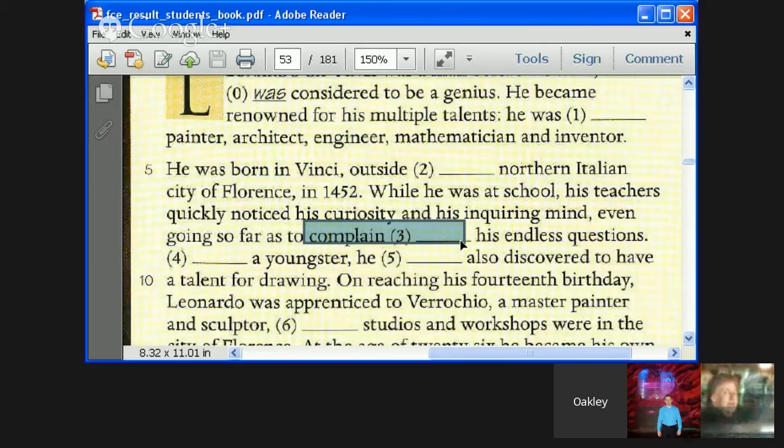Try to form some other sentences with complain with. I need to complain with the bathroom. It's too dirty. Is that the word you use? Think about forming some other sentences and see if your idea works. Alexei, does that work? I need to complain with the bathroom because it's too dirty. No, I need to complain to the bathroom. Ah, you're going to complain to the bathroom. So you're going to say, bathroom, I have to tell you something.